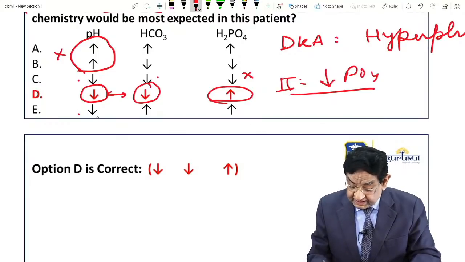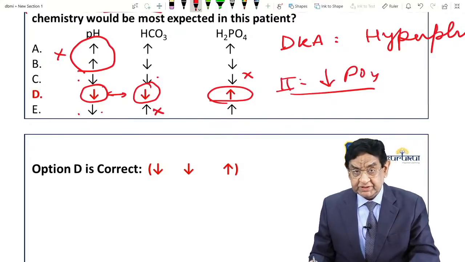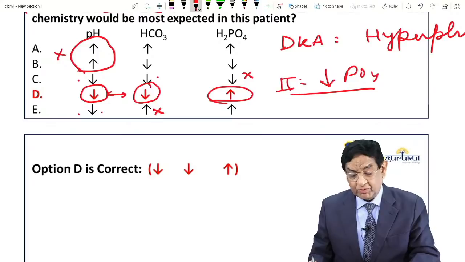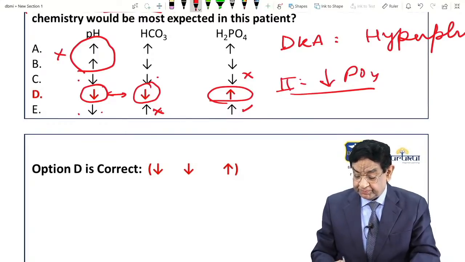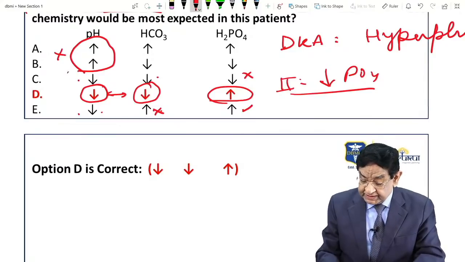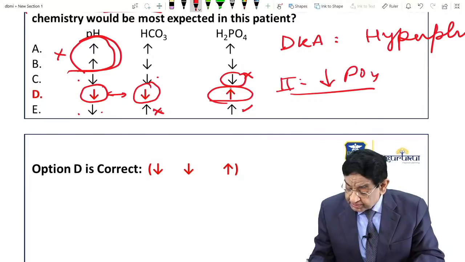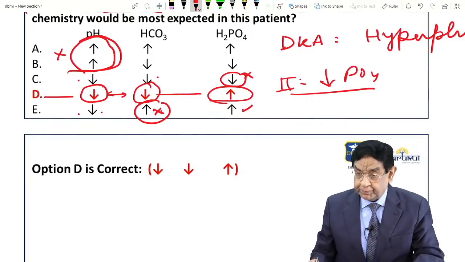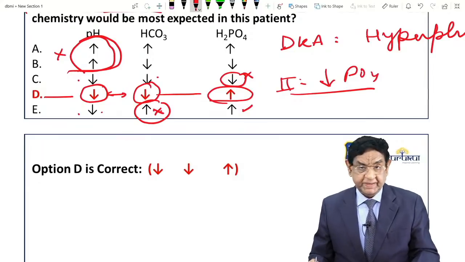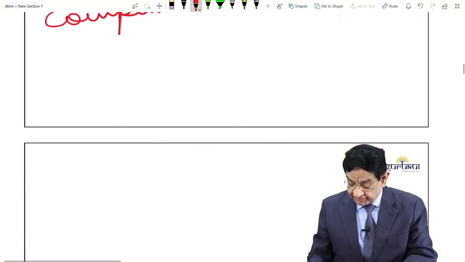And in this case, pH low, bicarb high, no way. It's a metabolic acidosis: the bicarb level will go down and phosphate level will increase. This is true, but this is not true. So these are out. Finally, option D remains the best. So you can answer this, but your basic concepts have to be very, very strong.